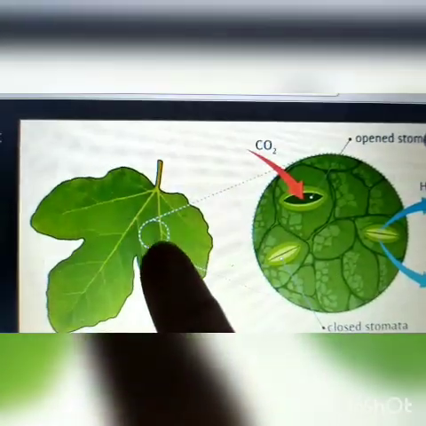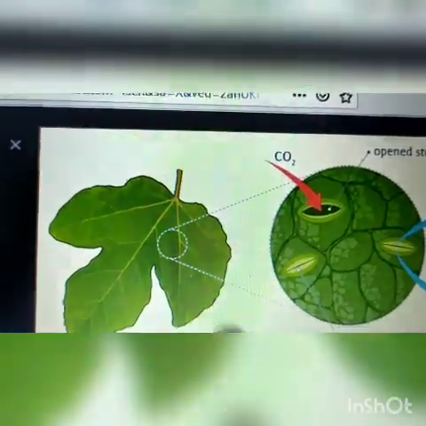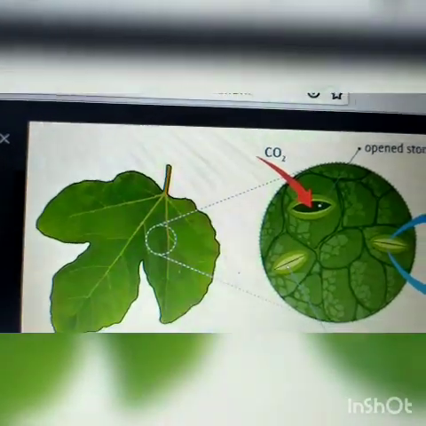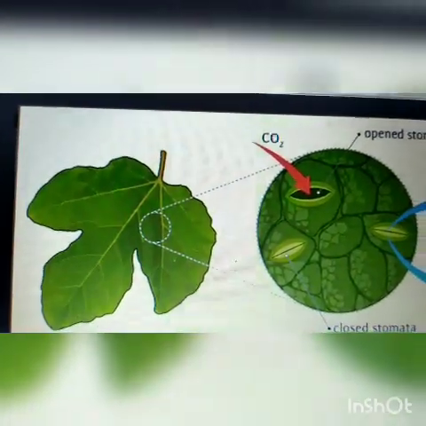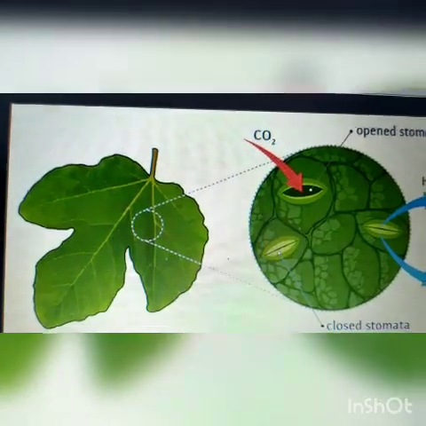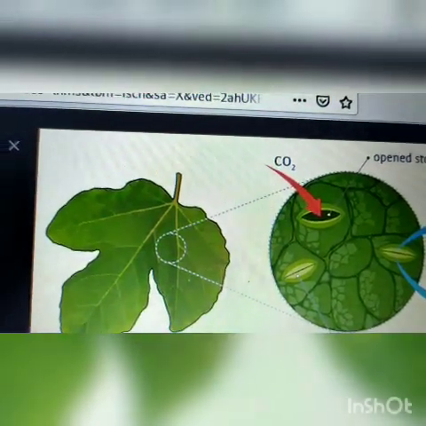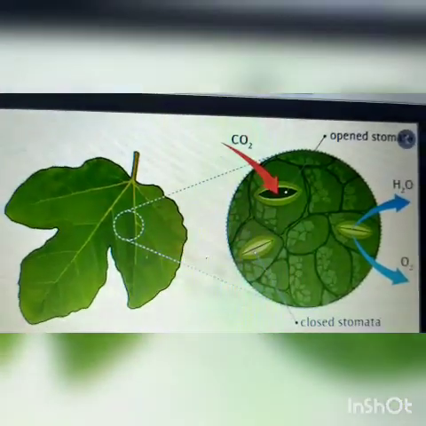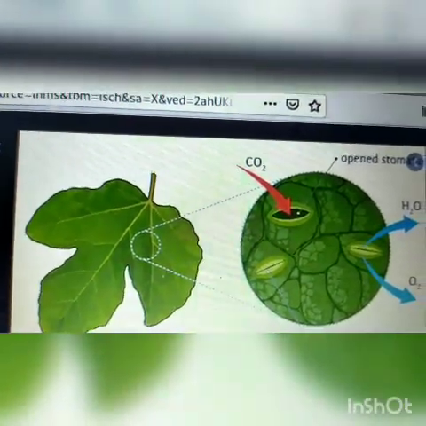Now, see here. The lower side of the leaf has many tiny holes. These holes are called stomata. Plants breathe through these tiny holes like we breathe air through our nose.